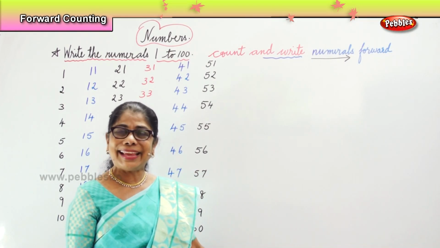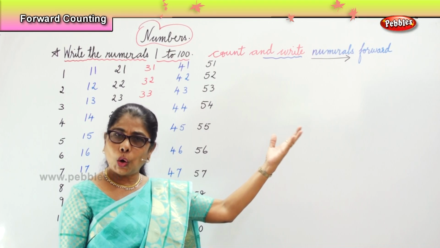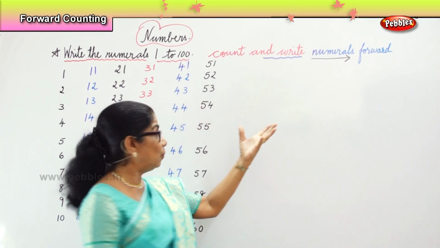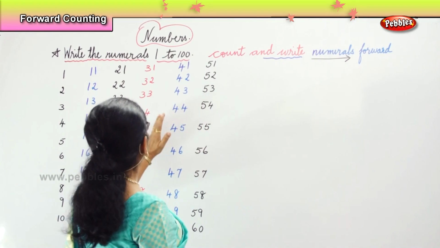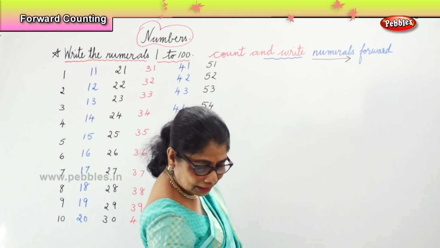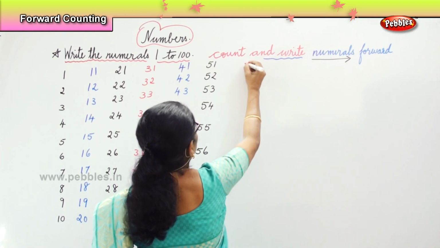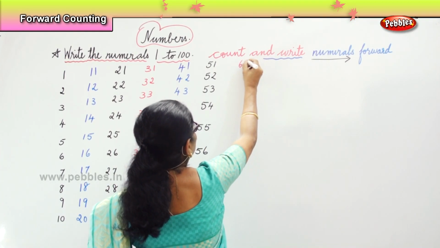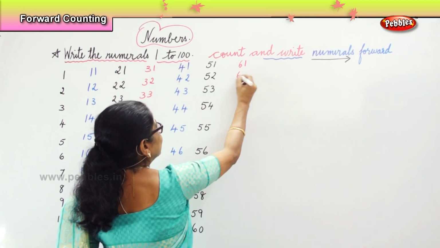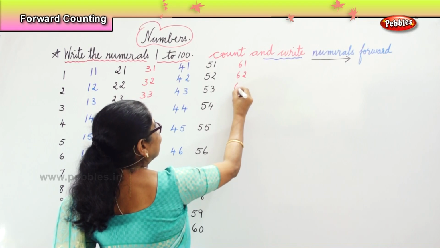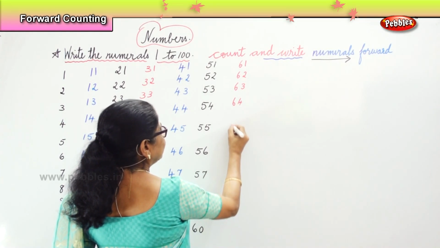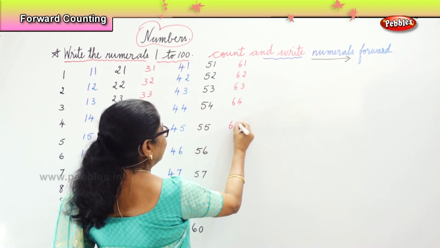We read 60. Now add on one more number, then we write 61. Alright? Next, what will you write? 61. Yes. Next, we go on. Good. Next number. 62. 63. 64. 65.